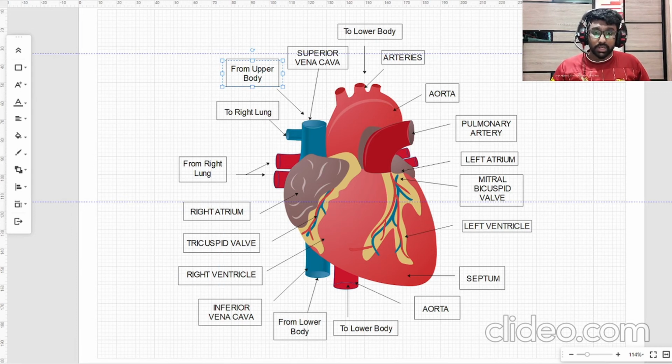Okay, then we have the tricuspid valve. The tricuspid valve plays a very important role over here, because it prevents the blood which is flowing from the right atrium to the right ventricle from shooting back up to the right atrium. So there's only one way blood flows, which is through the tricuspid valve.